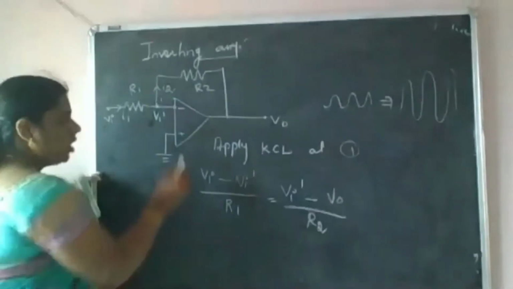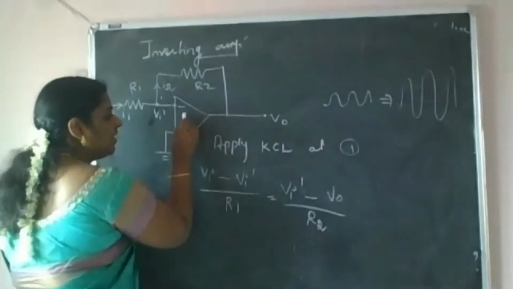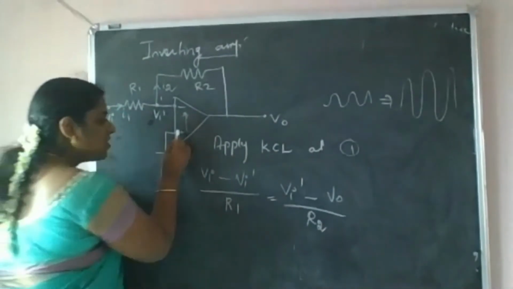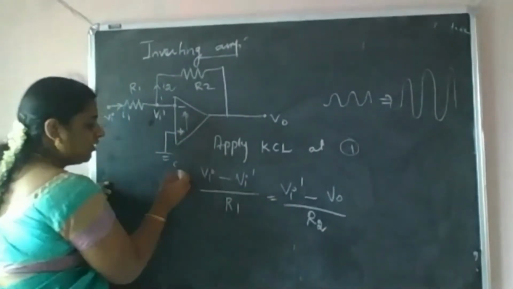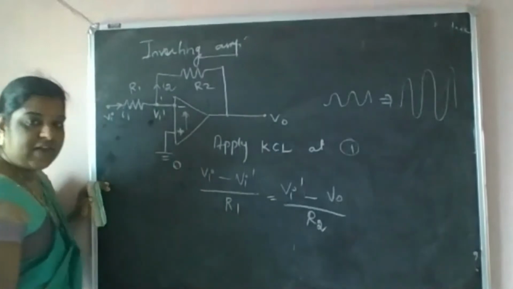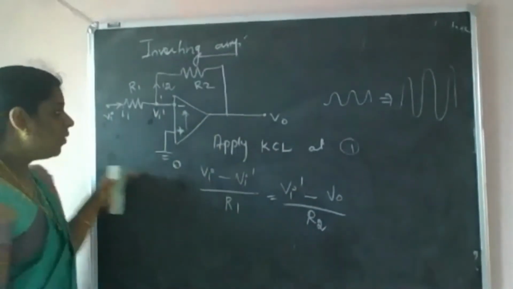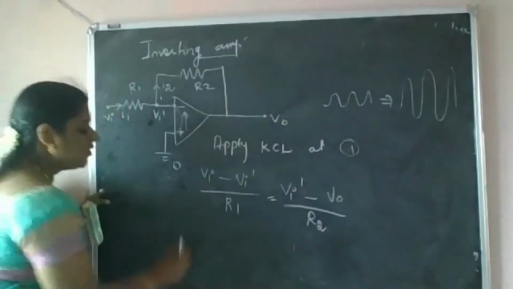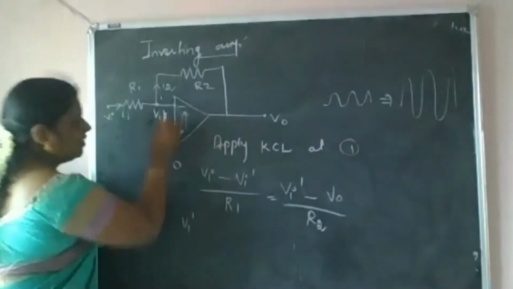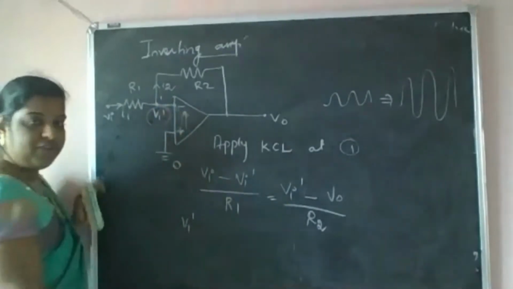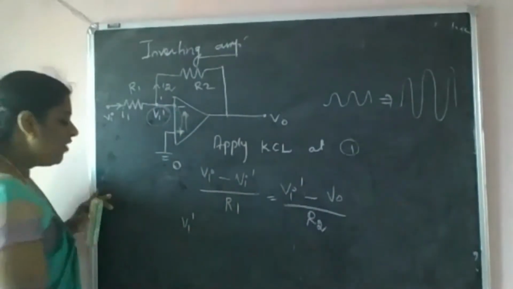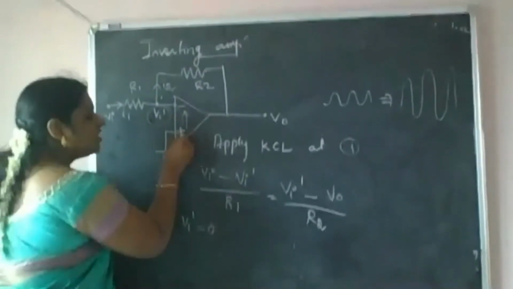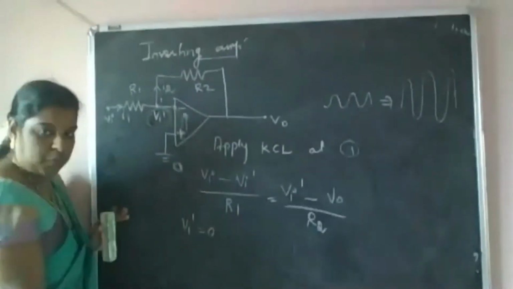Now, in the operational amplifier, the current flows in this direction. Here the positive terminal is connected to the virtual ground, that is, the value of this is equal to 0. So the value of Vi dash will be equal to 0, because this positive terminal is connected to the virtual ground.